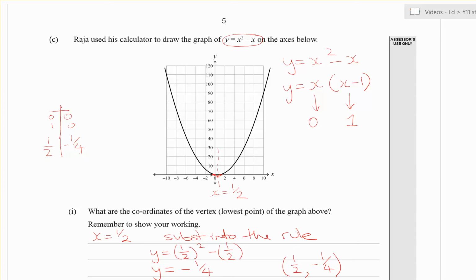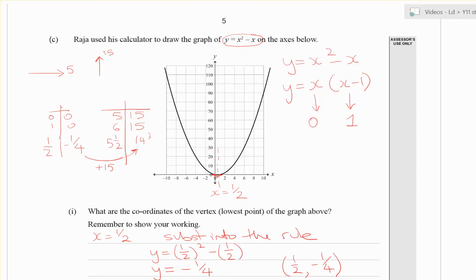Now each one of those points is moving 5 to the right and 15 up. So let's think about what they would go to. This point here would go across 5 and up 15. Right, the next point starting at 1, if we go across 5 from 1, it will go to 6 and up 15 from 0. The next one across 5 would be 5.5. We need negative a quarter, and we're going up by 15.